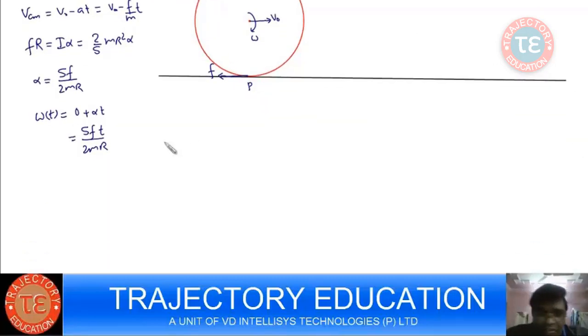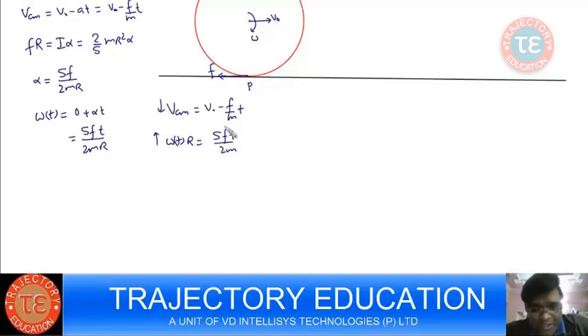So we are finding that your VCM is v0 minus f by m t, and omega r is 5ft by 2m. So omega r is increasing and VCM is falling. Initially your VCM was v0 and omega r was 0. But as time passes, VCM falls and omega r increases. So a time will come when VCM will become equal to omega r, and what's that time?